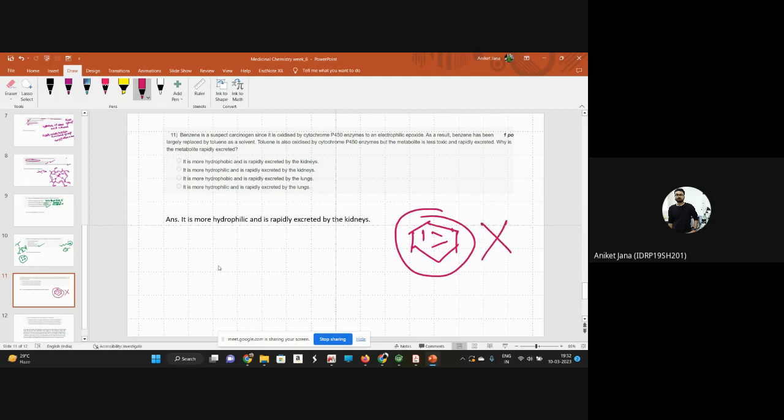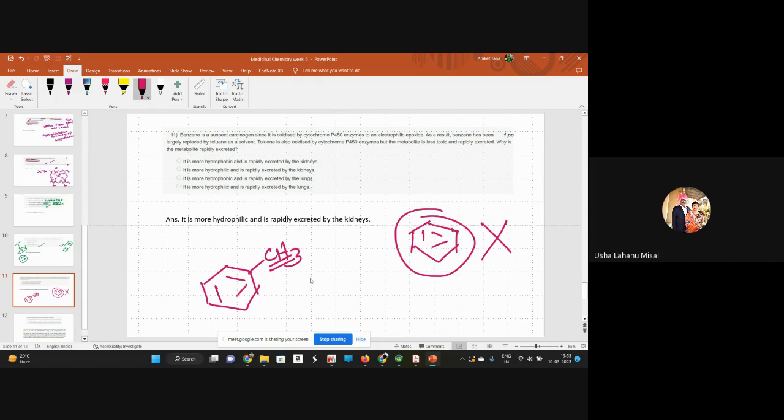So in place of benzene, what do we use? Toluene. What is the structure of toluene? A CH3 methyl group is attached to the benzene ring. So now tell me, what is the advantage of using this methyl group on the benzene ring?